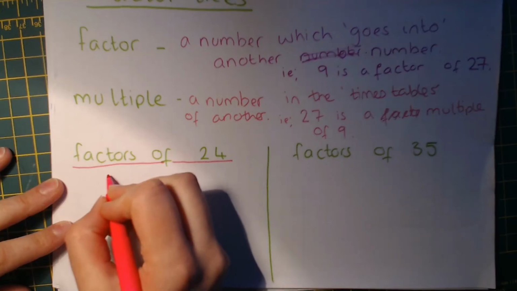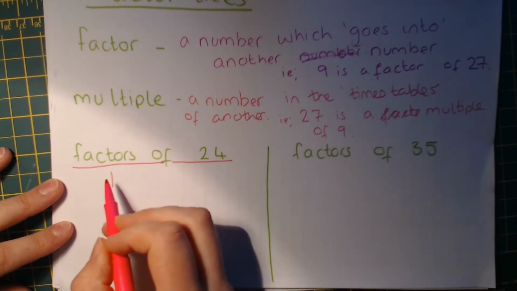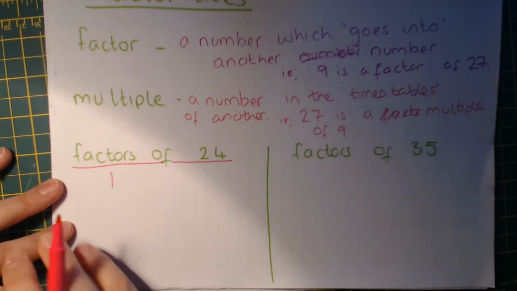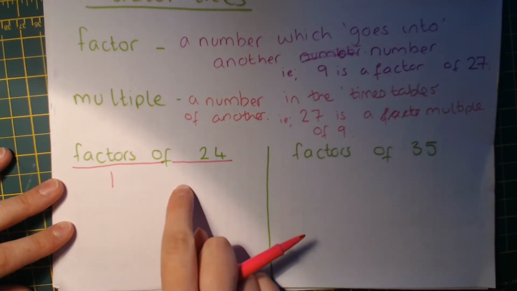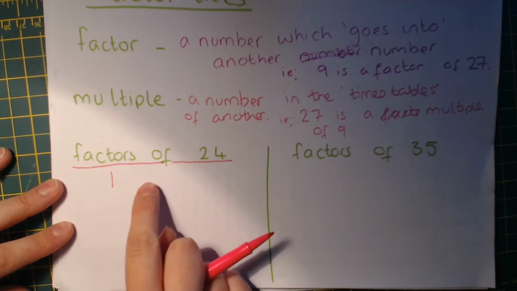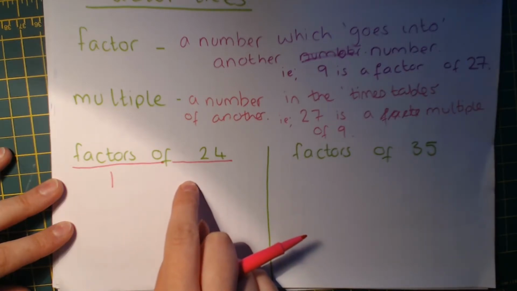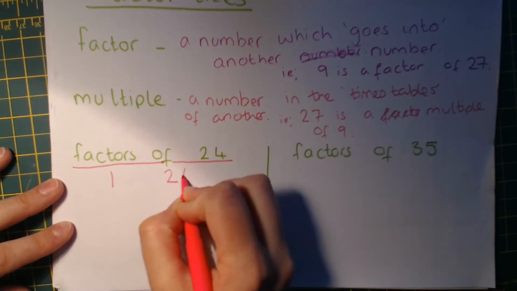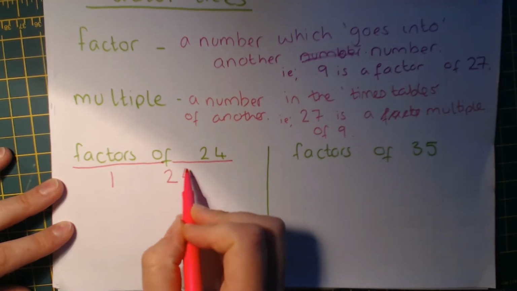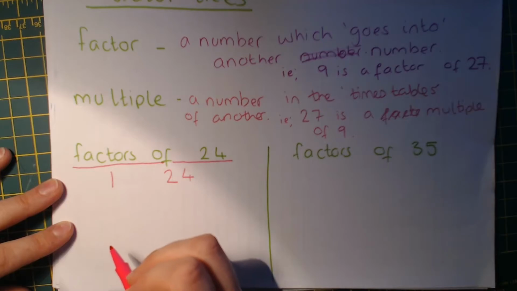We start off with the number 1 and people always forget this one. But 1 is a factor of 24. 1 is a factor of everything. It goes into all numbers. And it has its other half. 1 multiplied by what is 24? Okay. And actually, 1 multiplied by 24 is 24. So that means 24 is also a factor of 24.